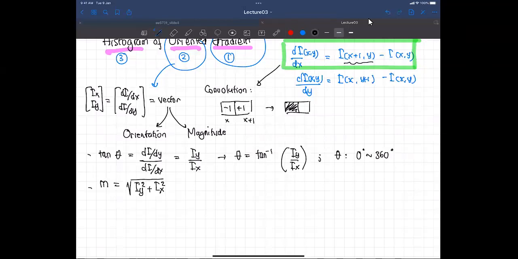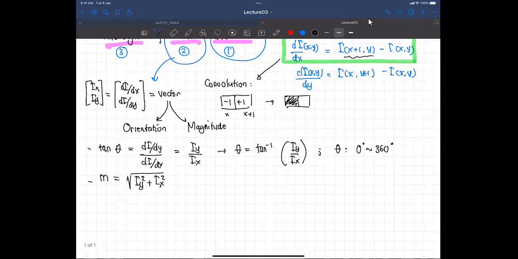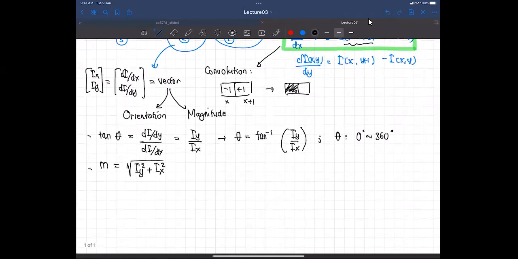Yes, so basically we have to keep the sign. You have to know the sign, because I can use the absolute value, right? Once I have the absolute value, then I have to remember the signs of Ix and Iy. Now, if Ix and Iy are both positive, it should be in the first quadrant.